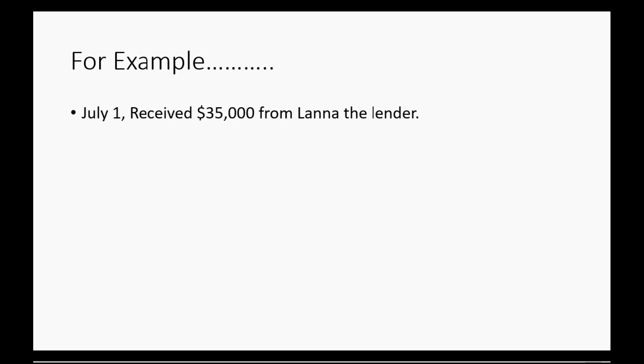What's our example situation? Well, let's pretend on July 1 we received $35,000 from Lana the lender. Now, our legal fee for the service of representing the buyer is $3,000, so that's the amount we're going to keep forever.